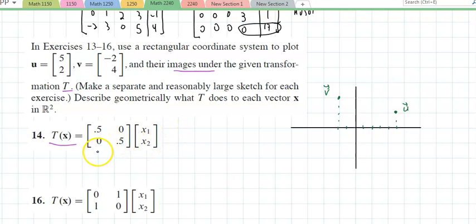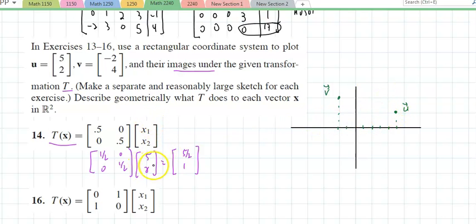If I take a half, 0, 0, a half, multiplied by 5, 2, what do I get? 5 halves times 1 is 5 halves, plus 0, that's 0, and that's a 1. So what does that do to u?